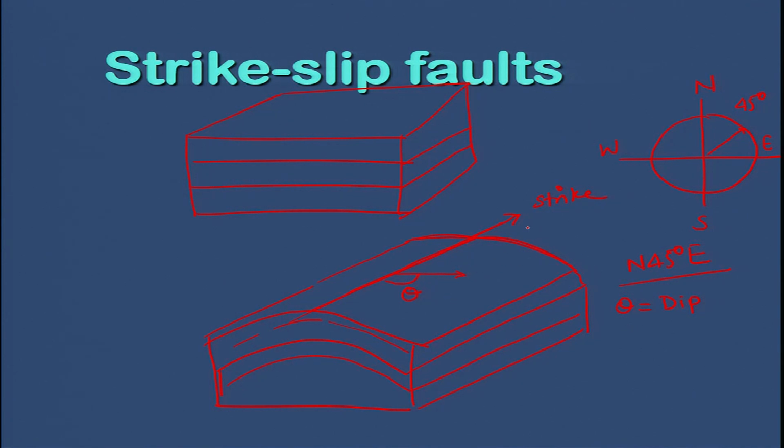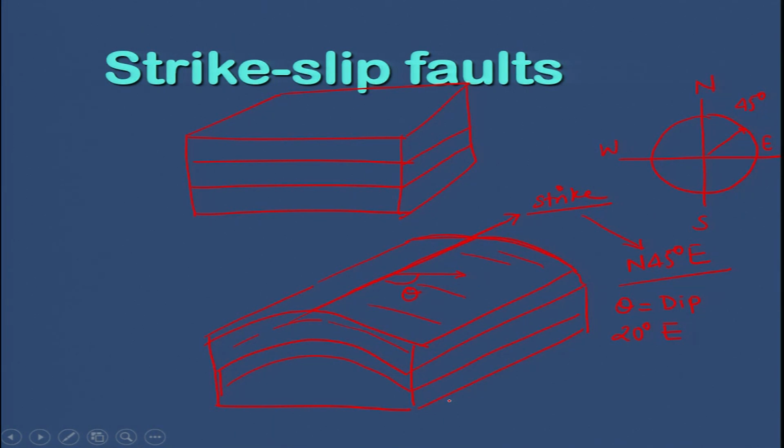For example, if the strike of this bed is north 45, and the amount of dip is say 10 or 20 degrees, then you will say 20 degrees dipping due east.